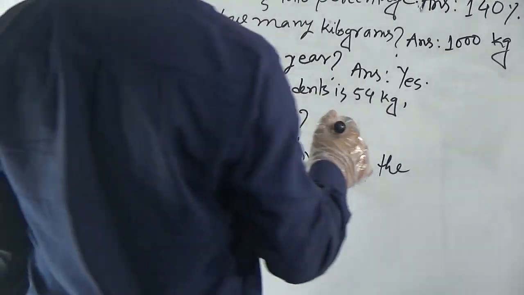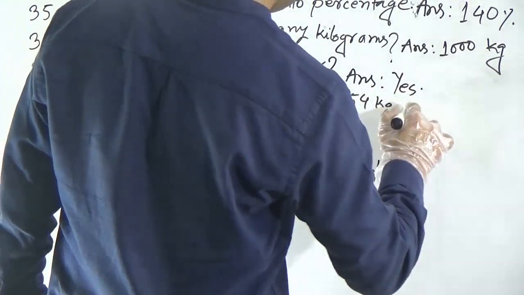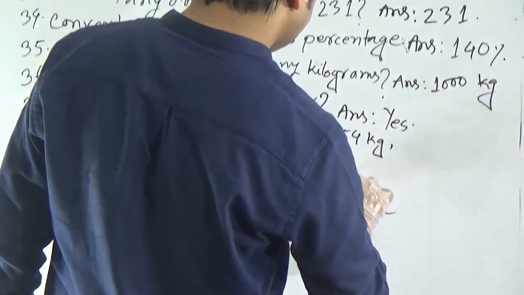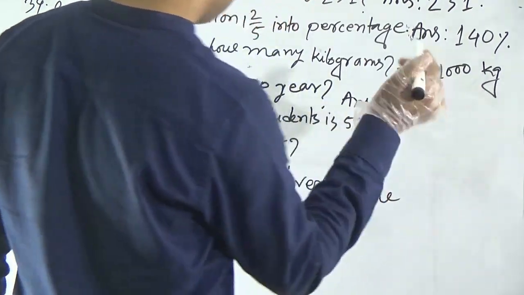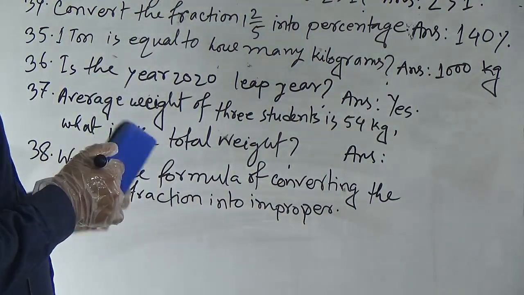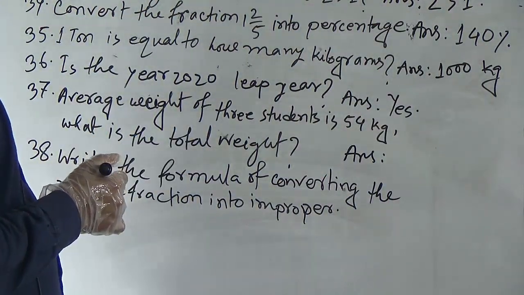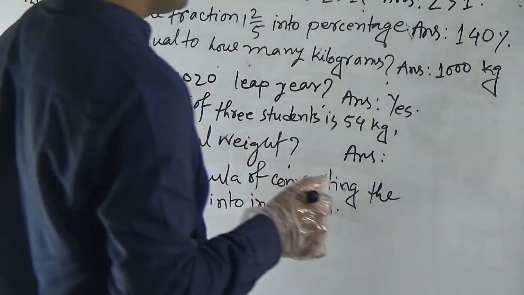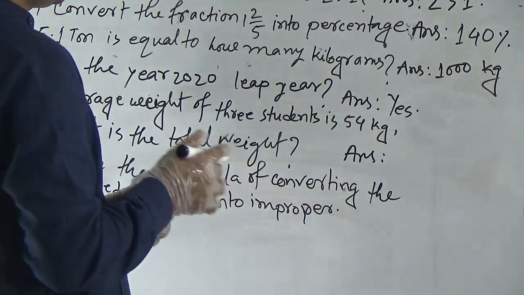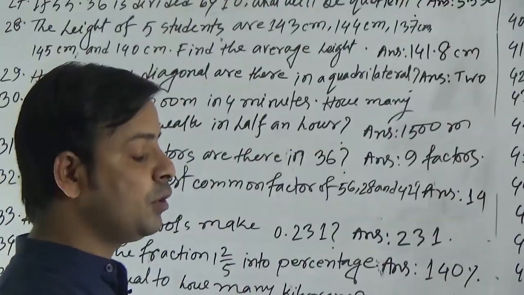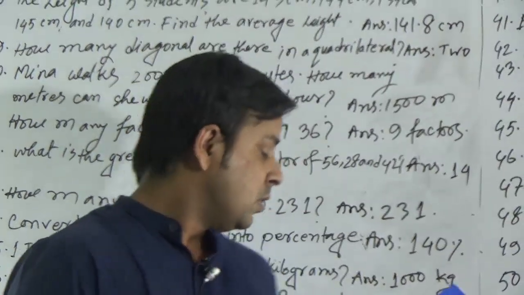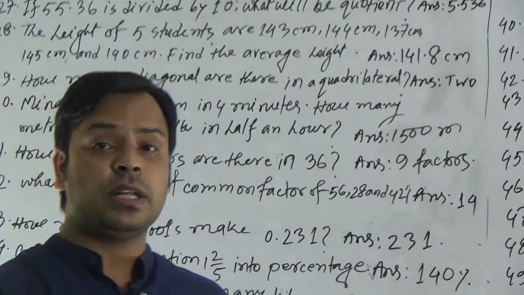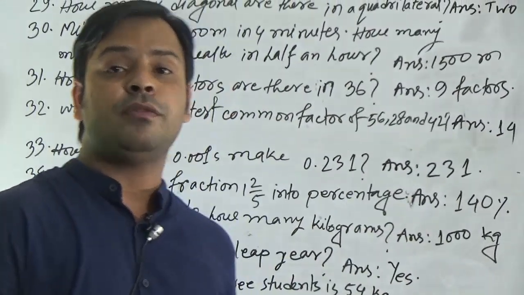Question 37. The average weight of 3 students is 54 kg. What is the total weight of the students? To get the total weight, we need a formula. The formula is: sum of quantities equals average times number of quantities.